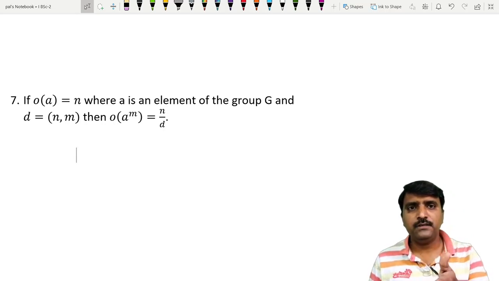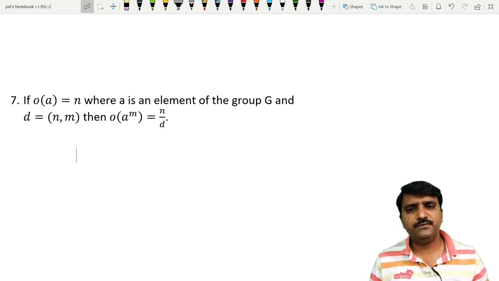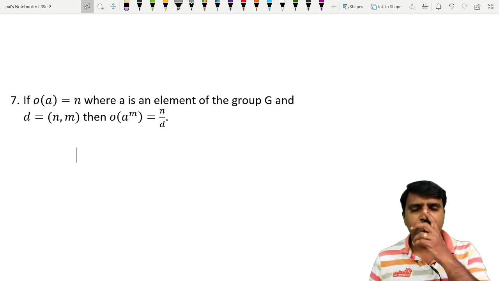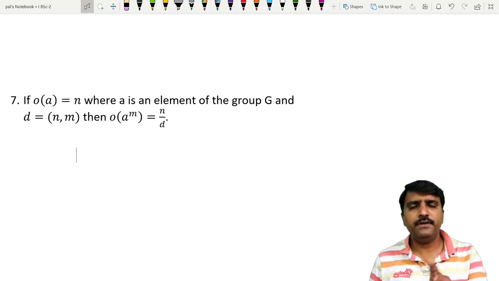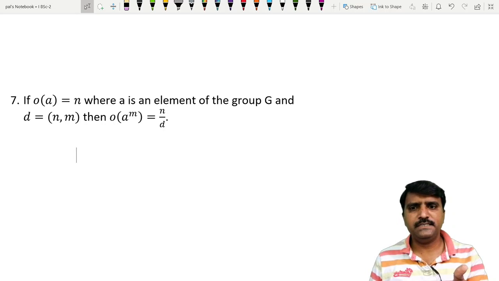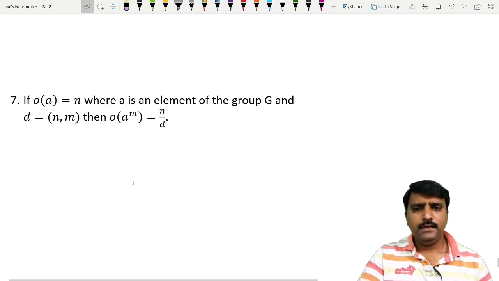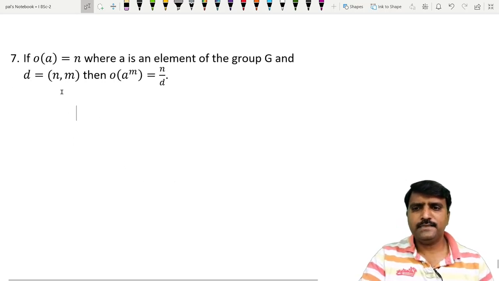So if you know the order of an element a, we can easily find the order of a to the power of m when we know the GCD of n and m. Yes, I already discussed this.